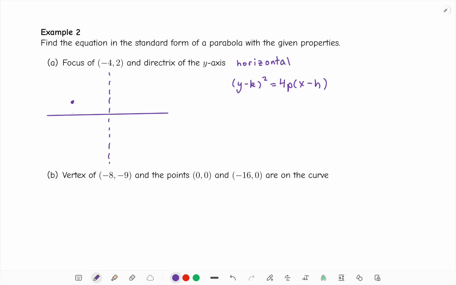Then also, because the vertex is halfway between the focus and the directrix, I know my vertex is going to be at (-2, 2). So that means we get (y minus 2) squared equals 4p(x plus 2).